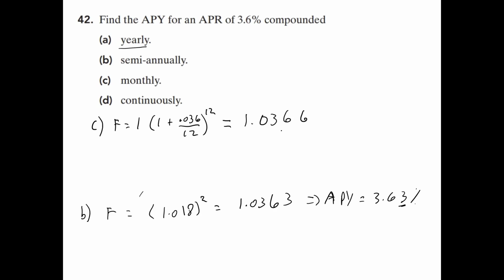And so our dollar became this. Then for our APY, we have to subtract away the dollar that we started with. It became this, and so this part right here is your APY, 0.0366.